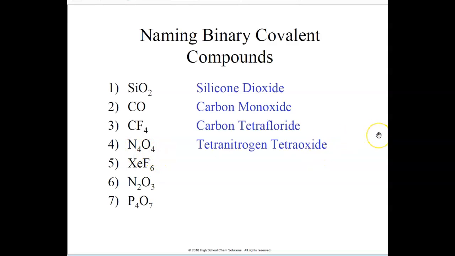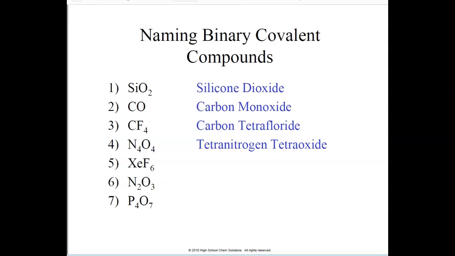Number 5, xenon hexafluoride. Xenon's interesting because it's a noble gas, and we don't normally think of them as being reactive, but xenon will form some interesting compounds with fluorine.